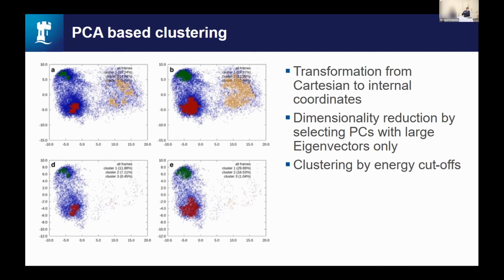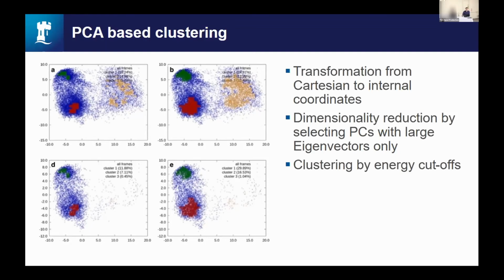Then we select the principal components, the highest dimensions of flexibility, which works very well for the key movement in the enzyme I showed you before. We can also apply it here, and it looks very nice in the beginning.